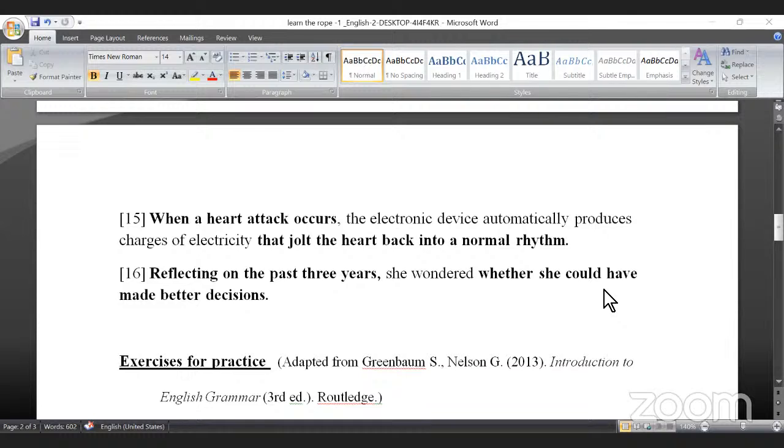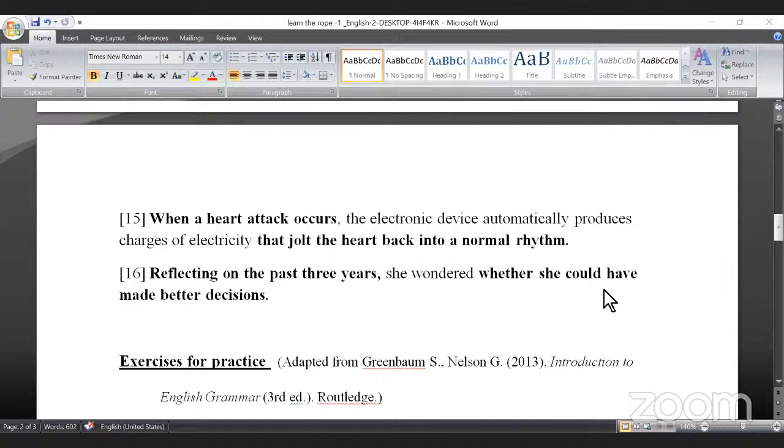If any subordinate clause can answer questions related to time, place, manner, degree, conditions, reasons or purpose, it would be adverbial in nature, because it's adverbs that can talk about all of these. Even otherwise, if you look at the parts of speech, the adverb does all these functions. Which makes when a heart attack occurs directly related to time, and hence an adverbial clause, right?